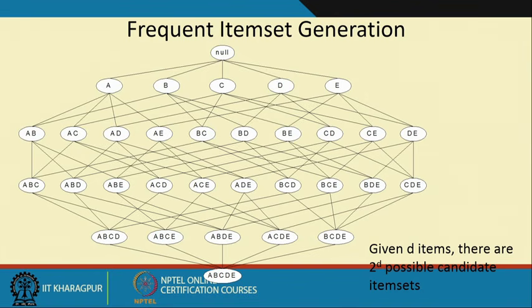All these white ellipses show that, and then finally, a null: the customer might not buy anything. So, this lattice tells us all the possible item sets that might be present in a market basket, any choice of purchases. We call them candidate item sets.